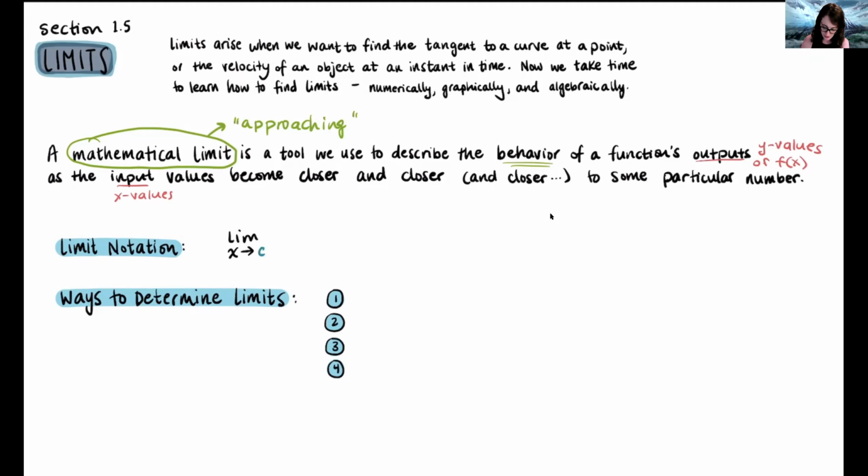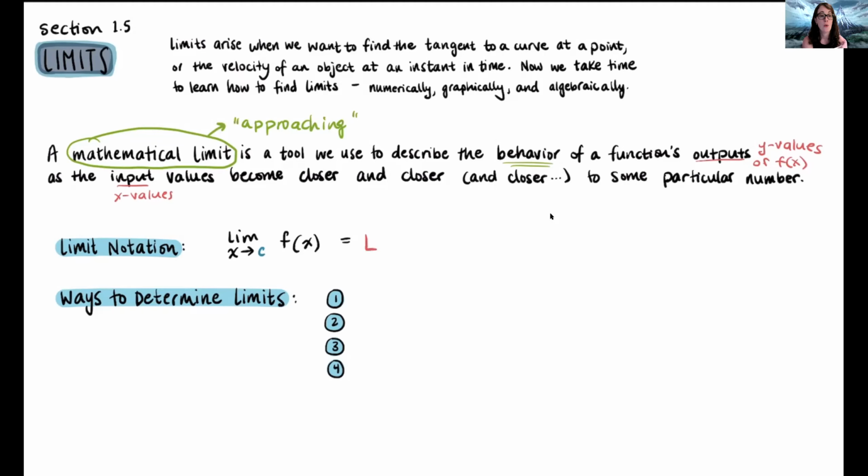Then next to this whole thing, limit as x approaches c, we write the formula for the function. I don't know what that's going to be, so we're just going to write f of x. And then if this has an answer, we say that this equals L. And the L will also be a number.